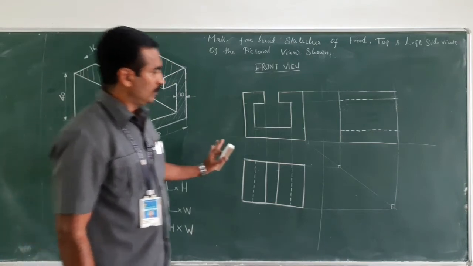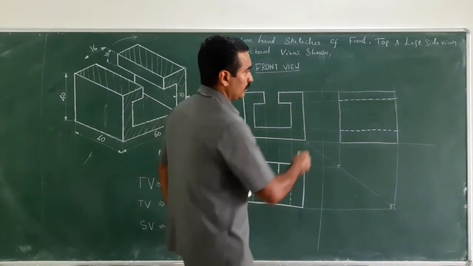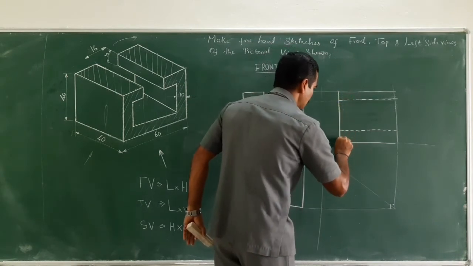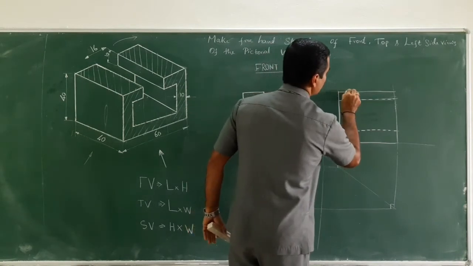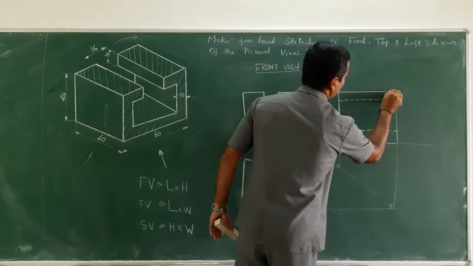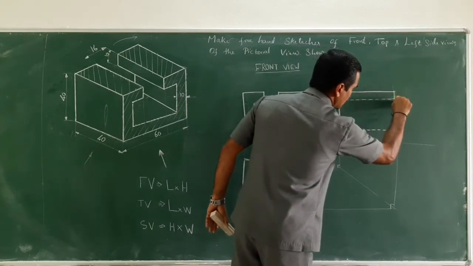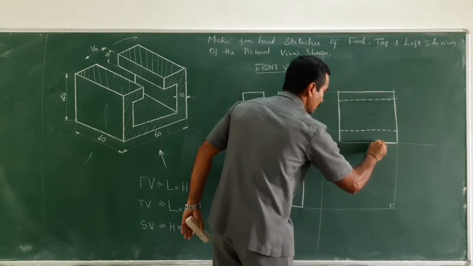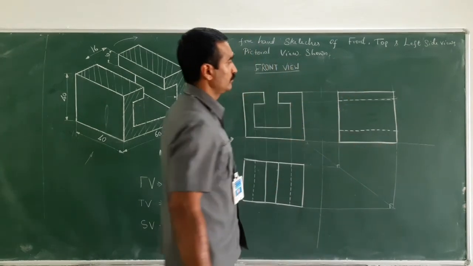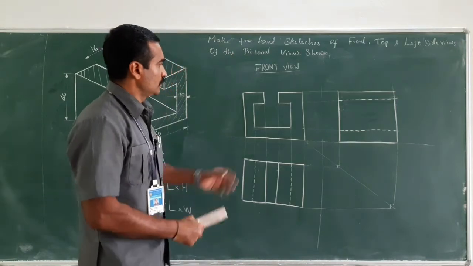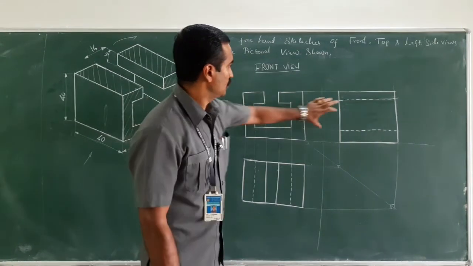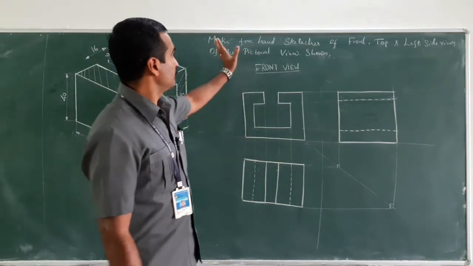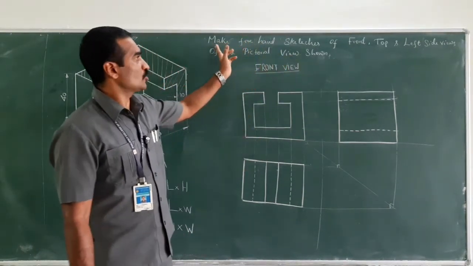Fine. Let me move to the side view. So the boundary is always visible. So this is outline or object line. Let me draw with HB pencil. Fine. So this is invisible, which is captured here.